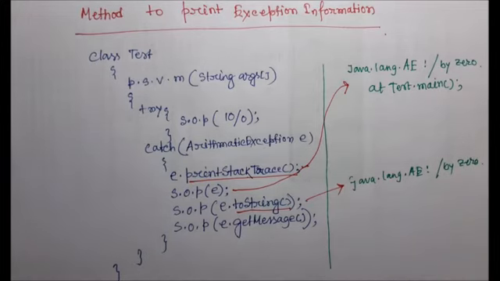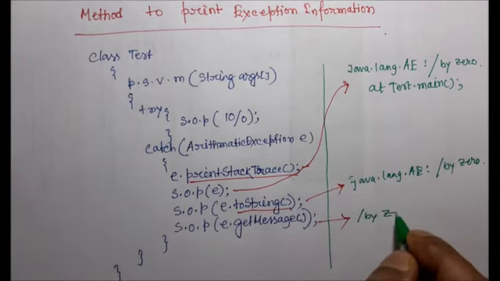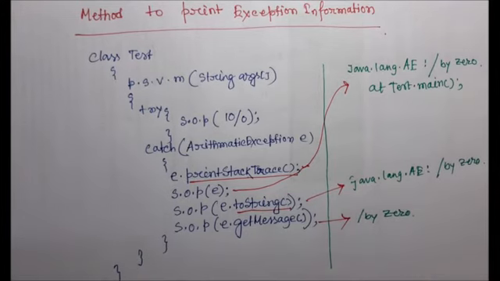And similarly, if I want to use getMessage, then I will get only the description of the exception, so I will only get / by zero.